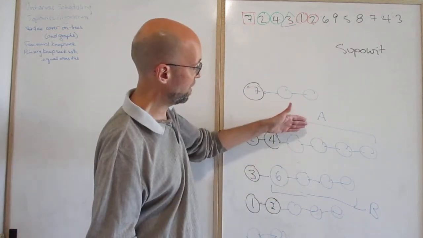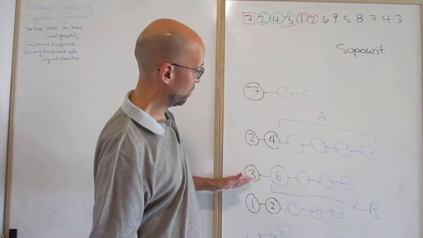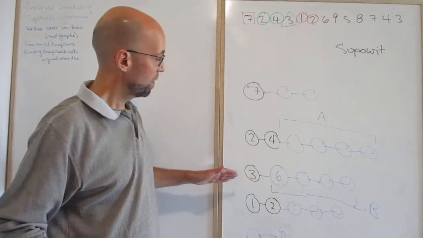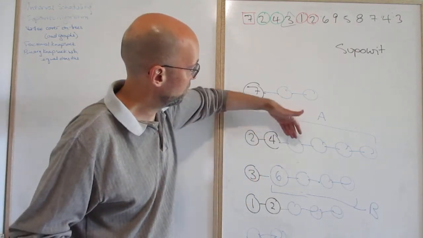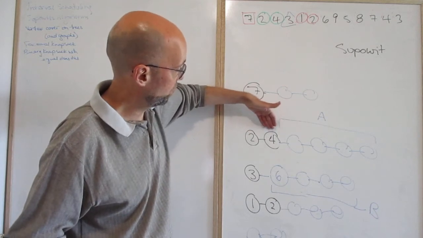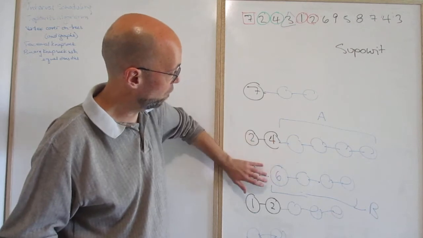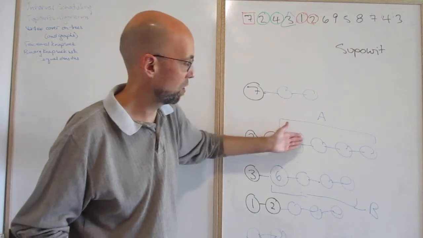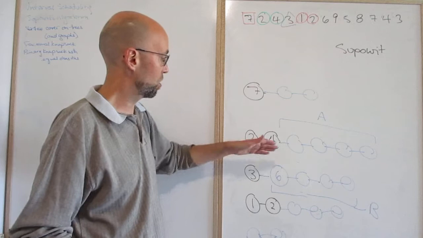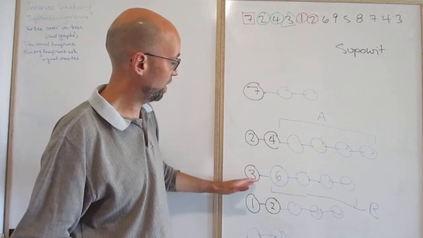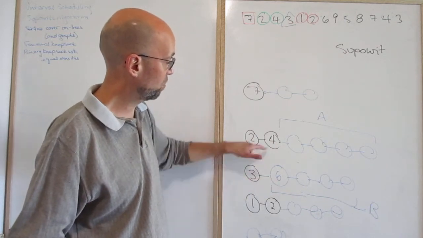Why can we swap A to after the 3? Well, we put the 6 after the largest thing we could put it after, which means that whatever S put it after, either it's its own chain, in which case A can always become its own chain, or if it put it after something else, it had to be smaller.